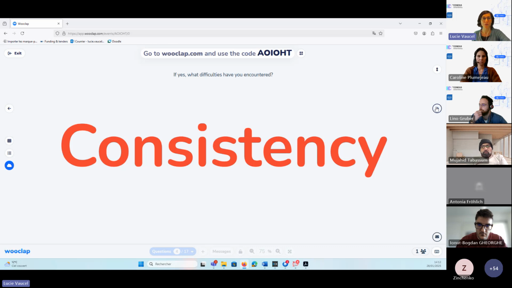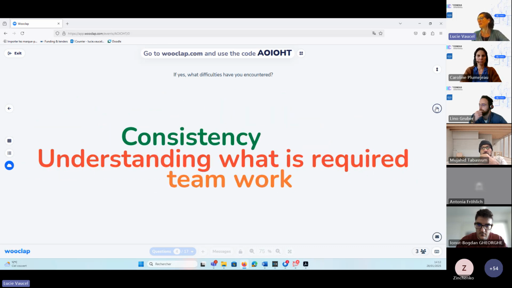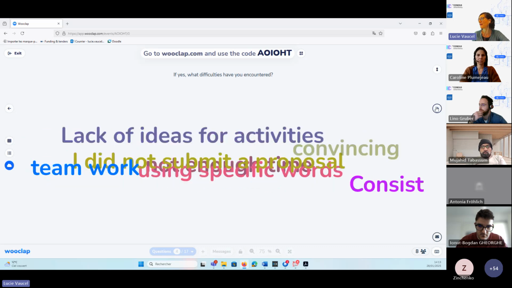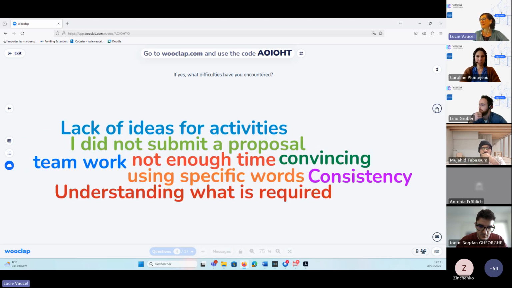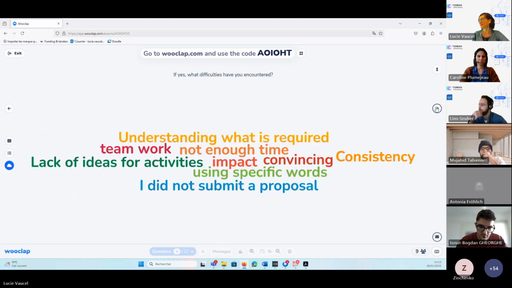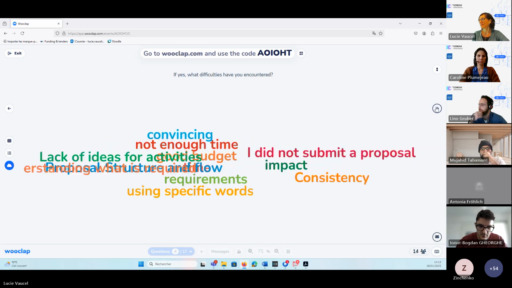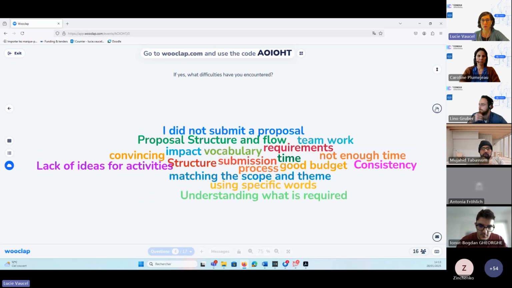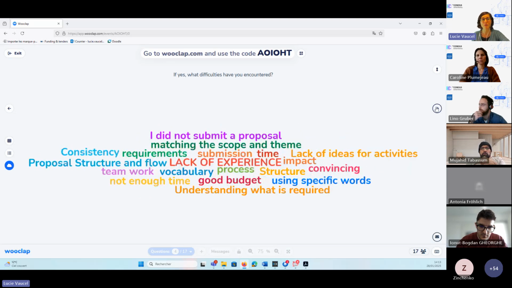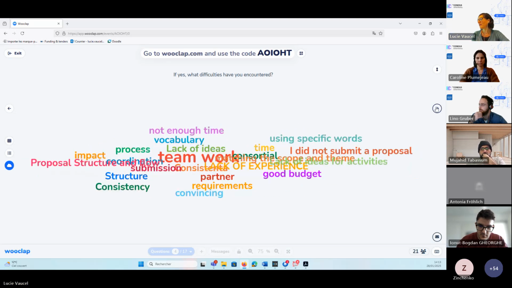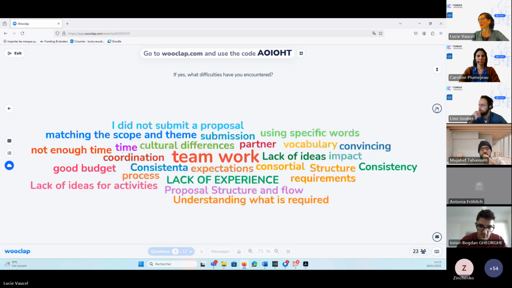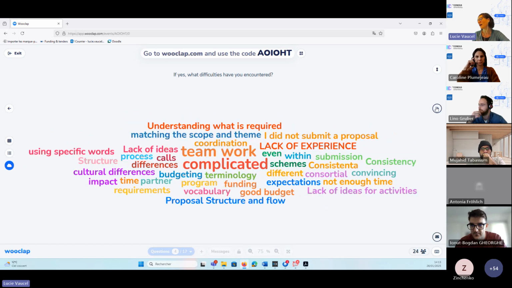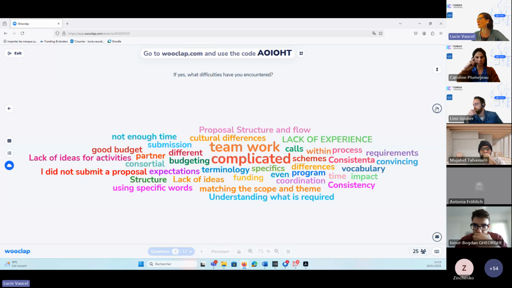Consistency, that's a nice keyword. Consistency, understanding what is required. Teamwork, very important as well. Good budget, that's right. By the way, we will conduct another training on budget issues in a few weeks. Coordination, process. Lack of experience, it's a difficulty, that's true.